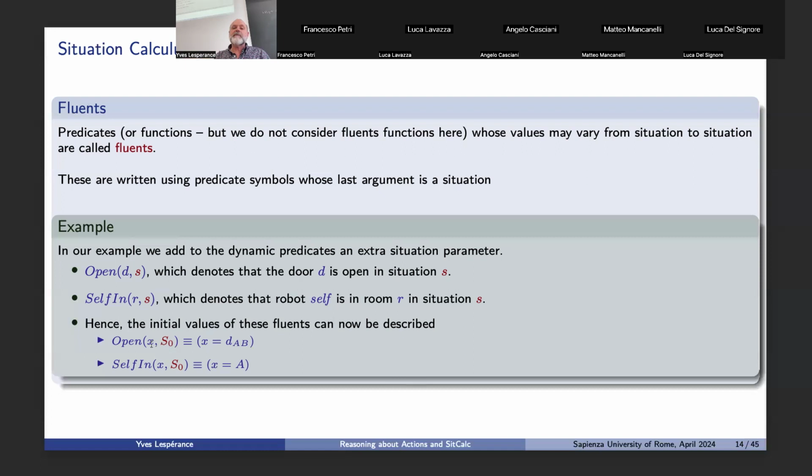Open X in do go to B, S0 is still the same. It's still only the door from A to B. But self in X, do go to B, S0, is true only if X is B, because now I'm in room B.